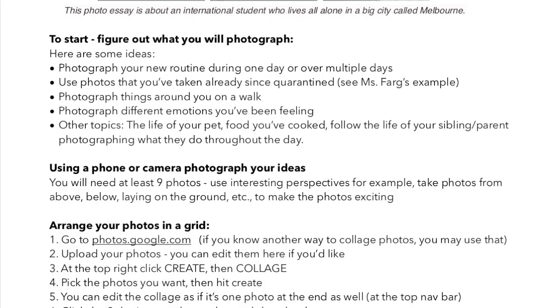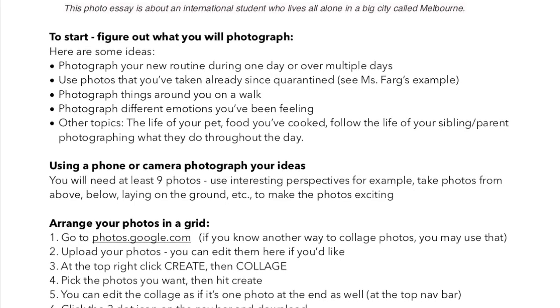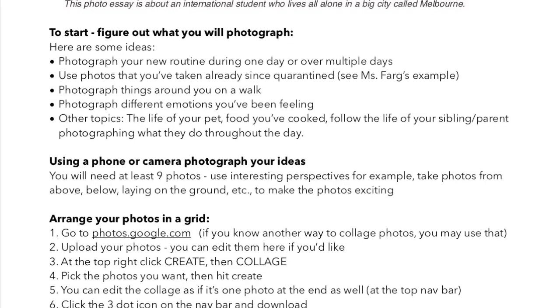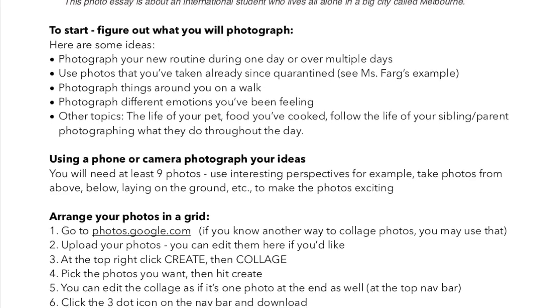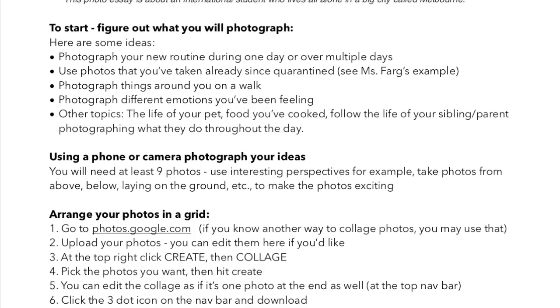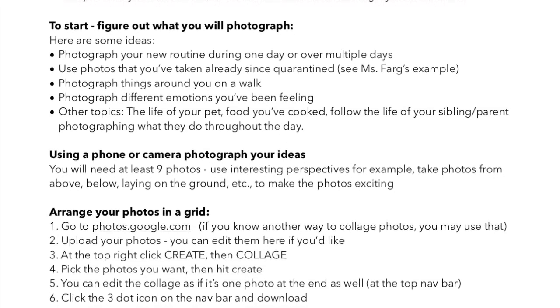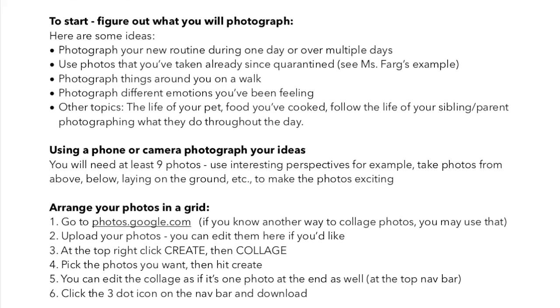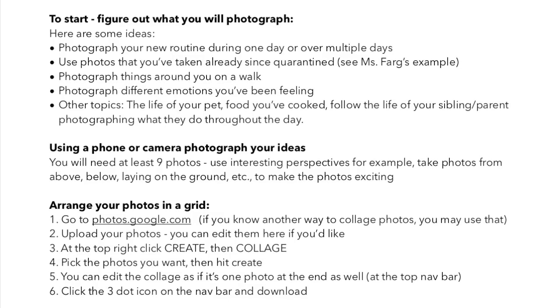If you're going to turn the saturation up or make them all really bright in colors, or make one photo bright in colors, for example, you're going to probably want to make all of the other photos also bright in color, just so that all those 9 photos connect. So follow those instructions on photos.google.com.